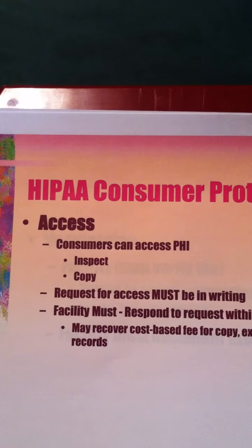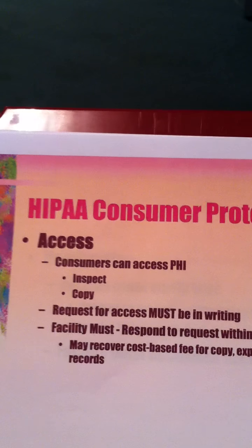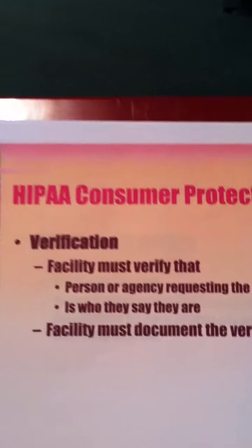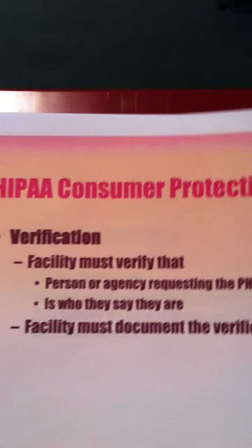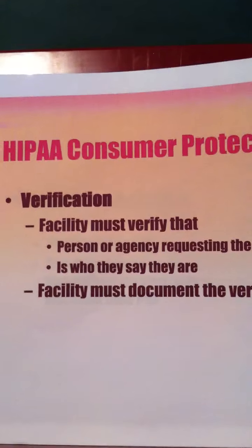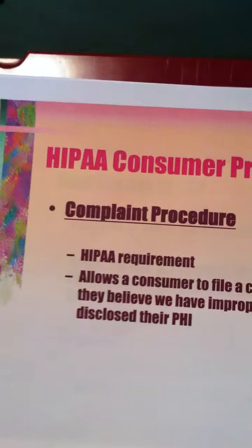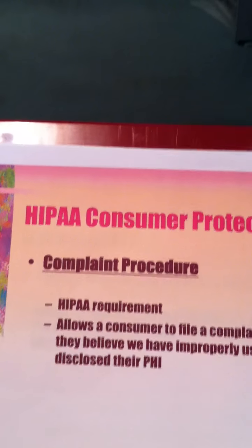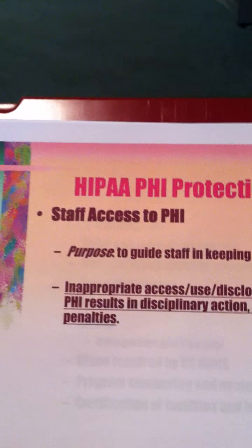Patients can access their personal health information. They can inspect it. We can give them copies of it, but the request must be made in writing. We must verify that the person or agency requesting the PHI is who they say they are, and we must document that verification. There is a complaint procedure in place if a consumer feels that we have improperly used or disclosed their PHI.